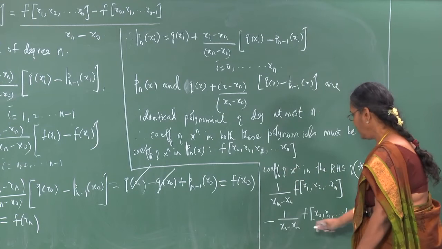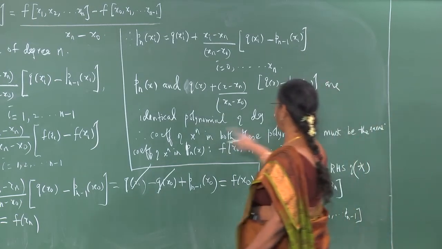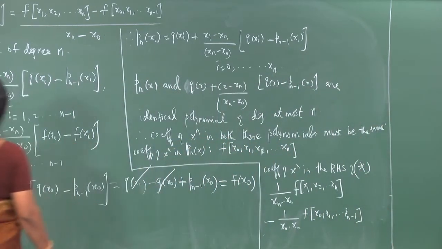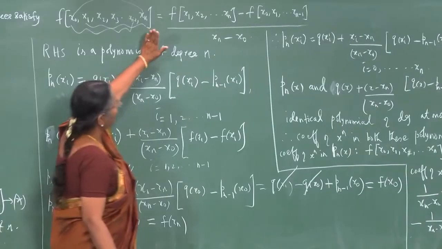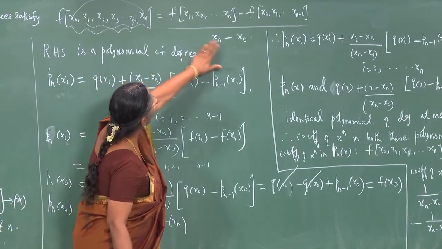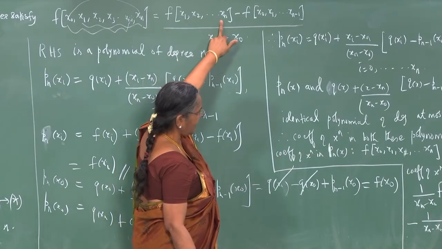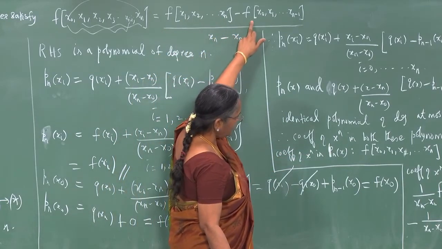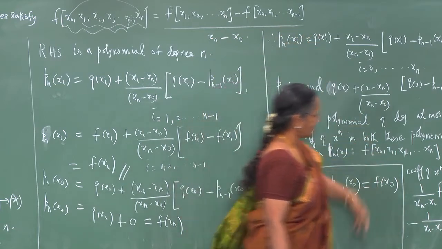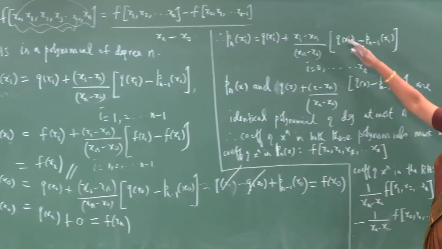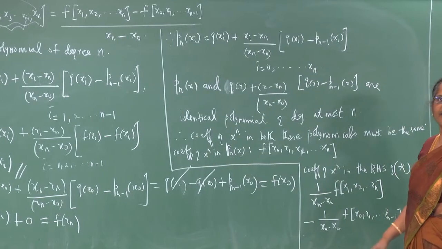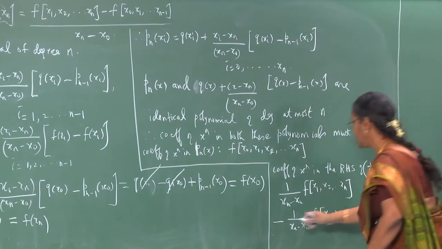So, what does it give? That gives you the left hand side is f of x naught, x1 etc. xn, and the right hand side is 1 by xn minus x naught into first term f of x1, x2 etc. xn minus the second term f of x naught, x1, etc., xn minus 1, and therefore that proves the property of the divided difference that we want to establish.